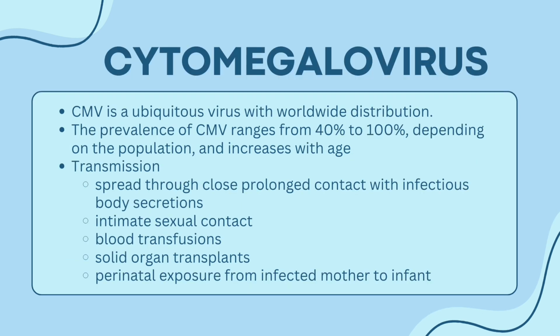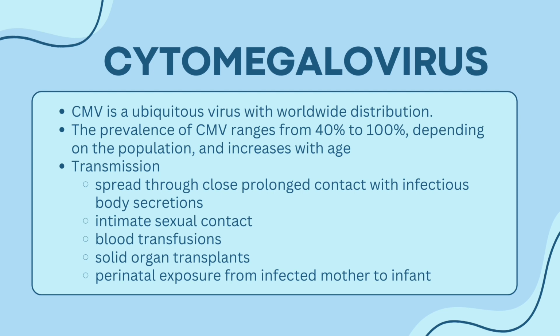Cytomegalovirus. CMV is a ubiquitous virus with worldwide distribution. The prevalence of CMV ranges from 40% to 100% depending on the population and increases with age.